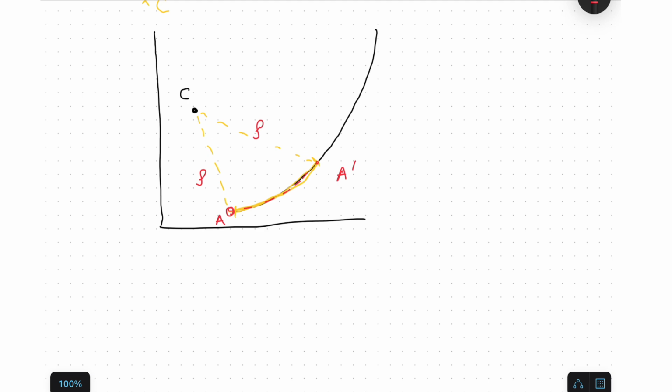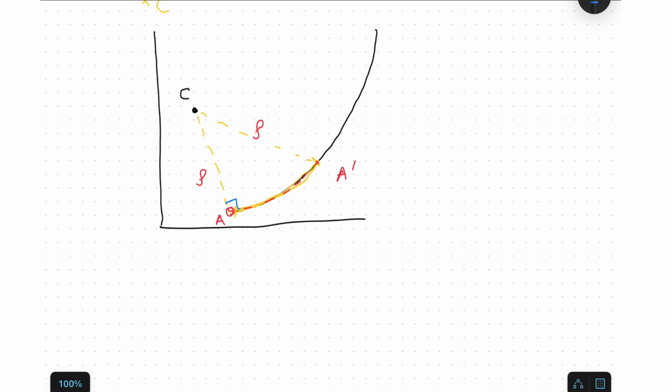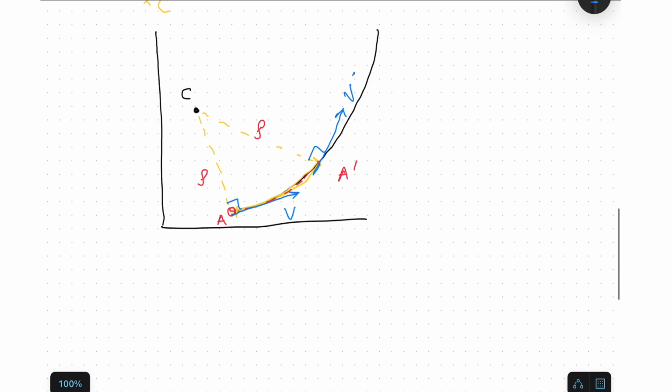So I will ask you what is the velocity vector of the car at point A. You can say easily, using the previous concept about the tangent, we make a 90-degree angle to this line and you say here is the velocity vector of the car at point A. Now show me the velocity vector at point A dash. Again you make a 90-degree angle to this line and you can say this is the velocity vector for point A dash.